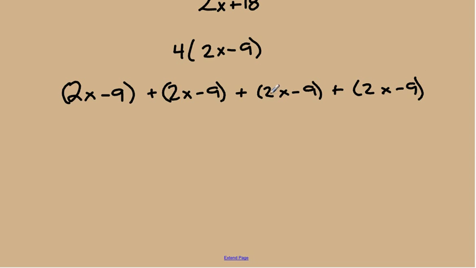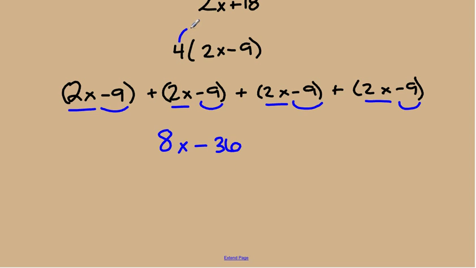There's nothing to distribute in each one of these, so technically I don't need the parentheses there. I'll leave them, they're not hurting anything. And then I see that I have a 2x plus 2x plus 2x plus 2x. 2 plus 2 is 4, plus 2 more is 6, plus 2 more, that's 8x. And then a negative 9 plus a negative 9 plus a negative 9 plus a negative 9 would be negative 36.